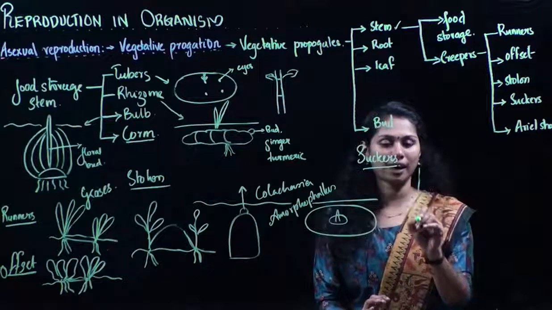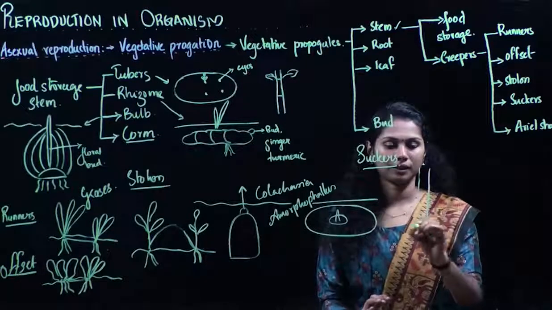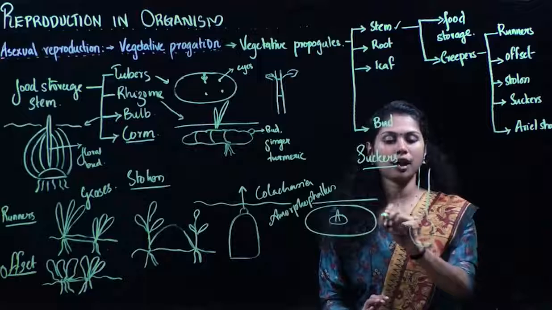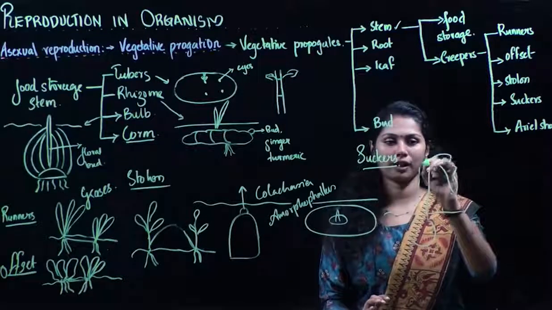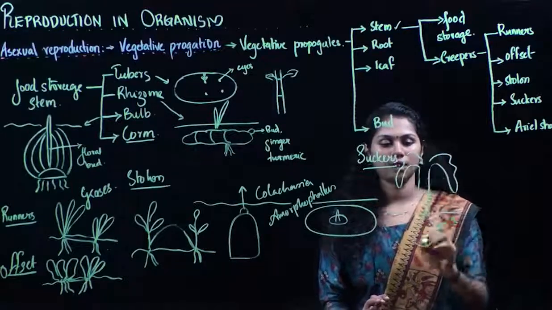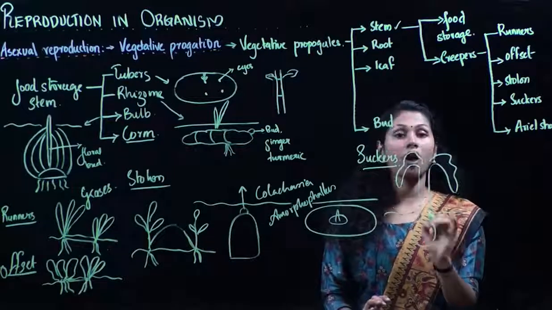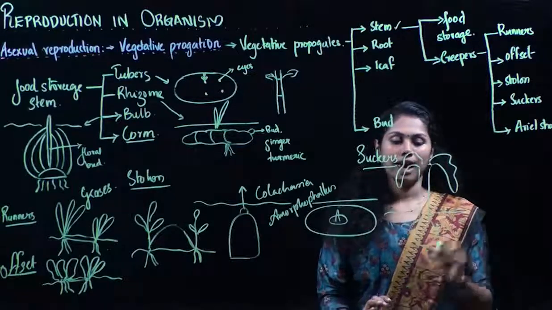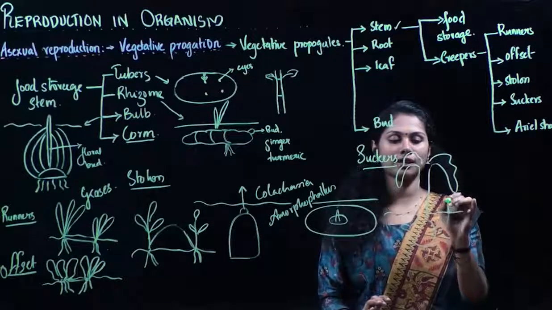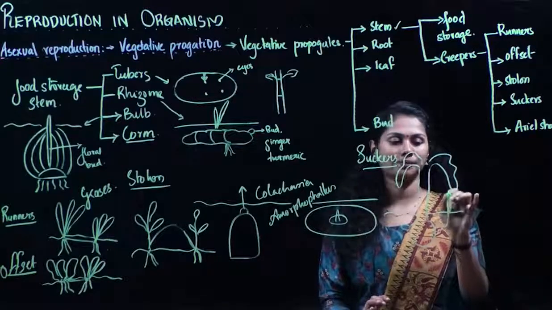Really, when we see a banana, there is an underground stem from which the banana plant is growing up, and this underground stem has some lateral buds, and these buds can give rise to a new banana plant.